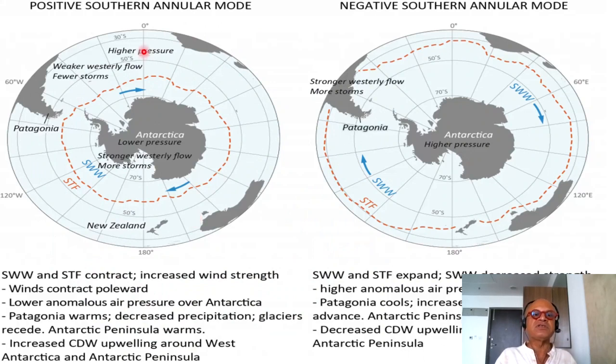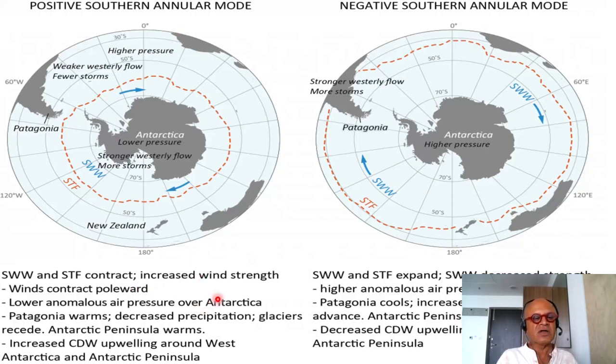So this is the positive southern annular mode and the negative southern annular mode, and you can see the tremendous difference between where the subtropical front goes in the two cases and how far the southerly westerly winds extend in the two phases. SWW and SDF contract in the positive SAM. It's referred to as SAM, southern annular mode.